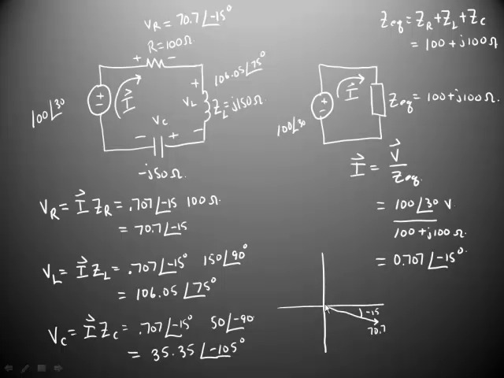We have the voltage phasor across the inductor, has a magnitude of 106, and makes an angle with the real axis of 75 degrees. And finally, we have the voltage across the capacitor at 35. It makes an angle of minus 105 degrees.